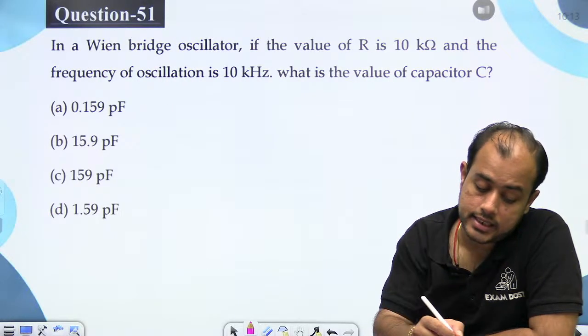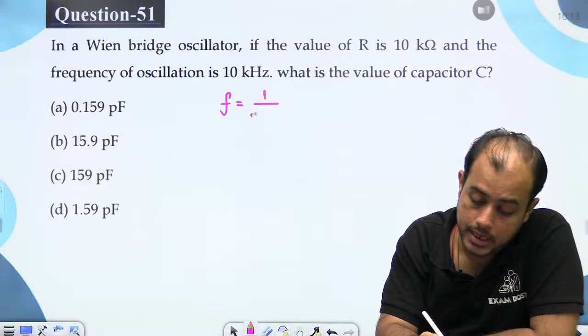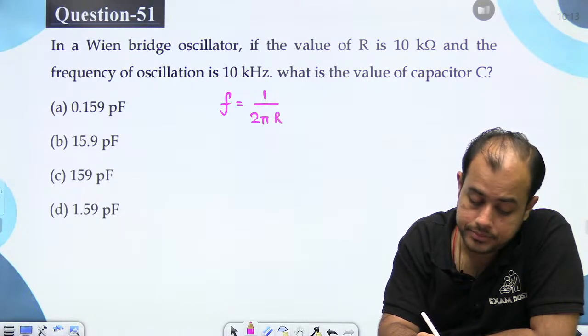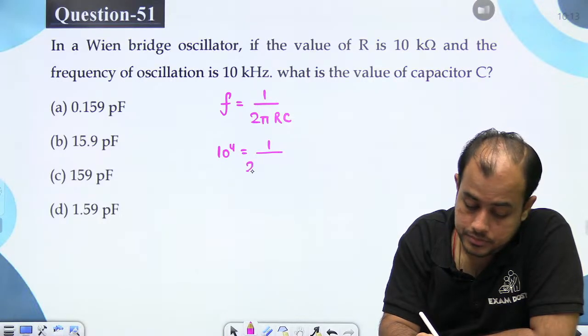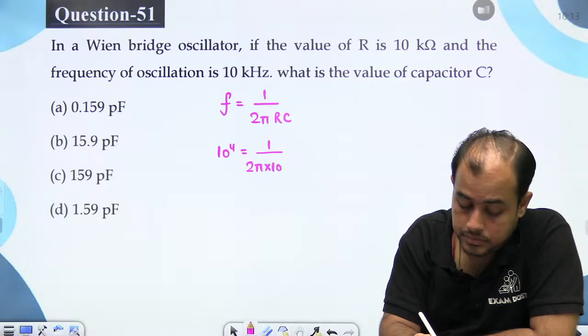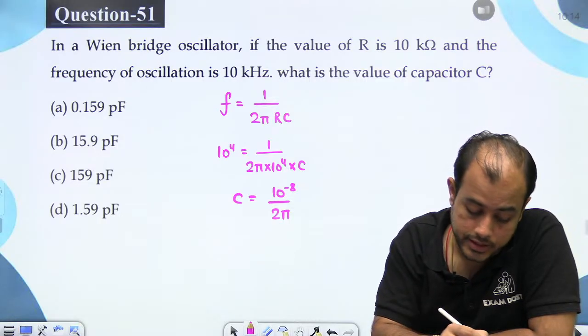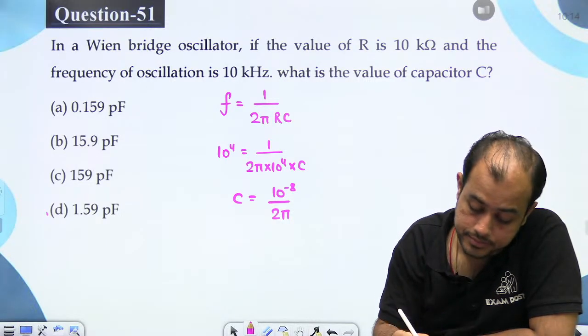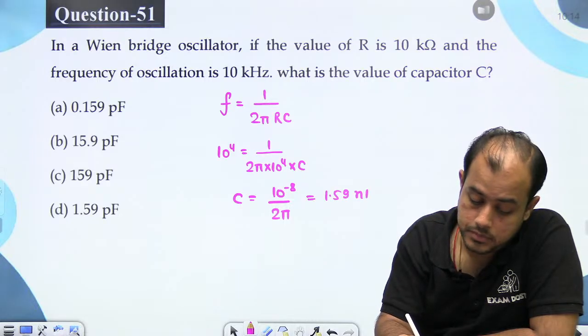Wien bridge oscillator R frequency दे रखी है, आपसे C पूछा है. .159, तो 1.59 nanofarad.